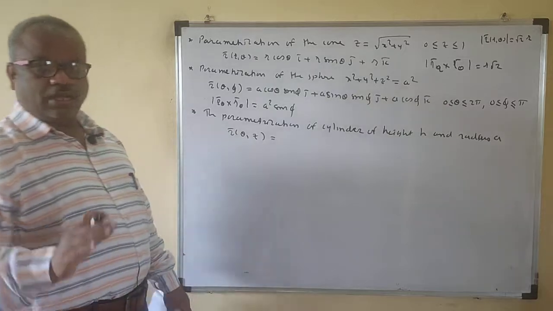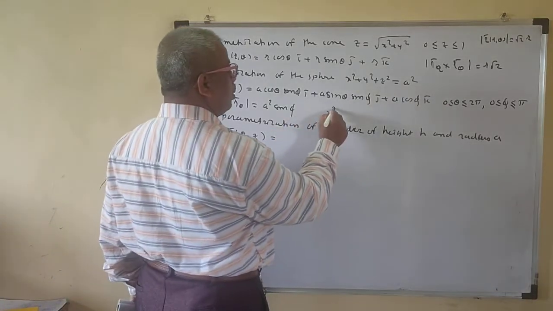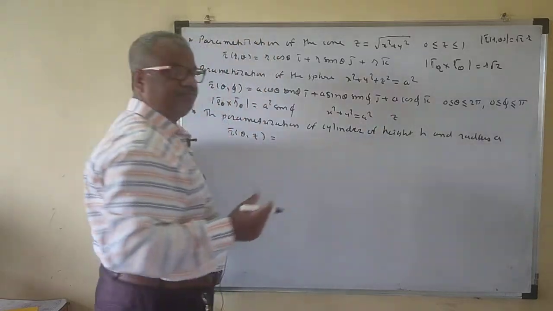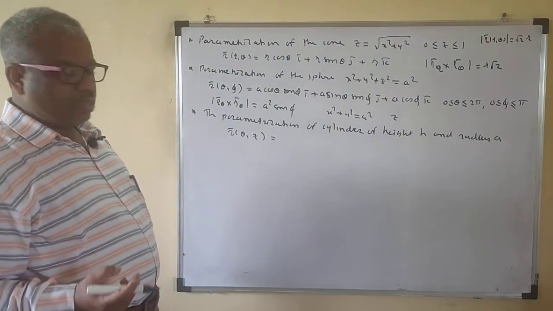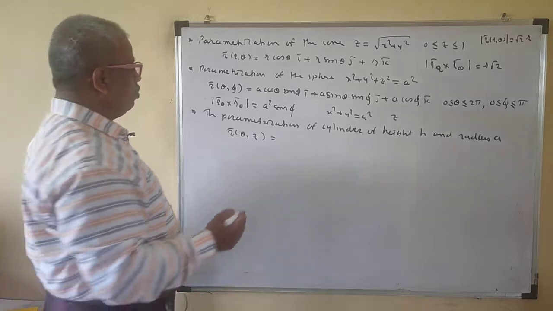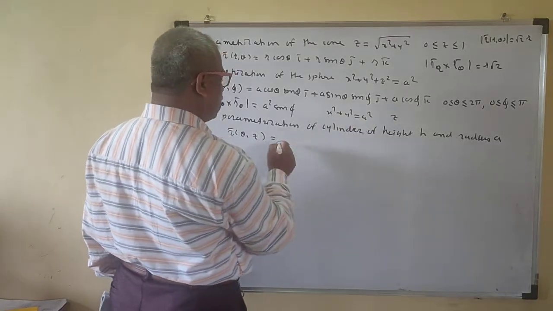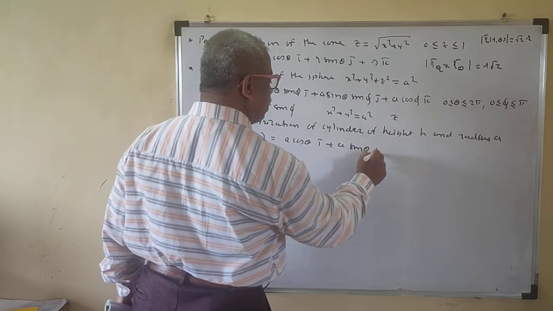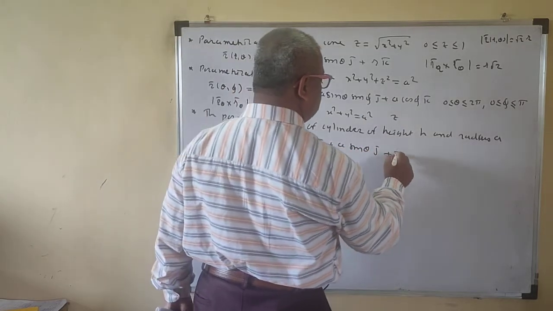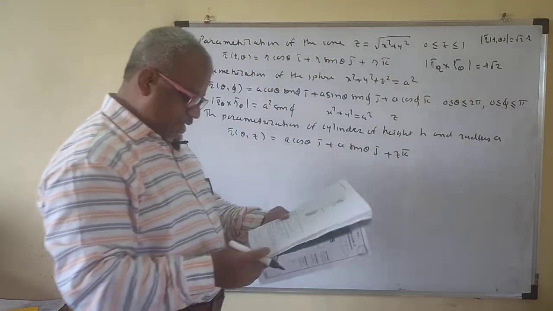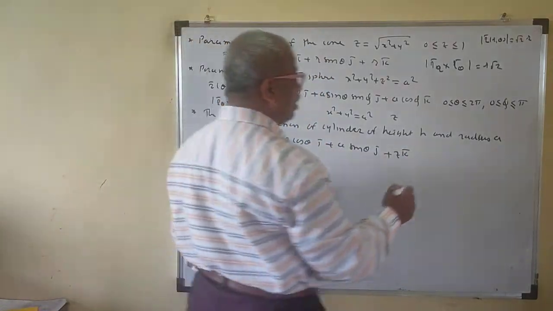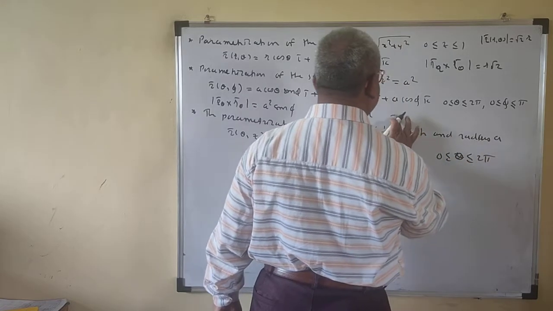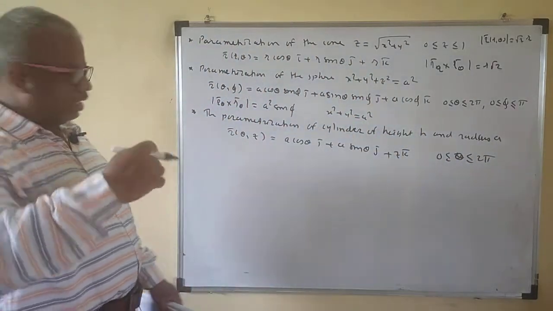For the cylinder, x square plus y square is equal to a square, and whatever the z is, z is equal to some b, which is a plane. The parametric equation is a circle: a cos theta i bar plus a sin theta j bar plus z k bar. The range of theta is 0 to 2 pi, so the full circle is there.